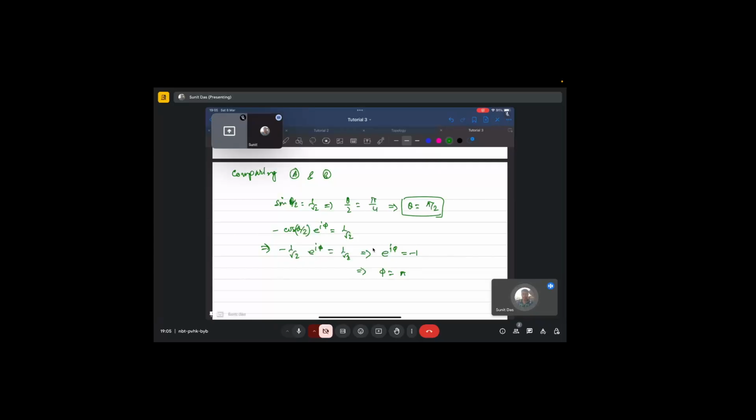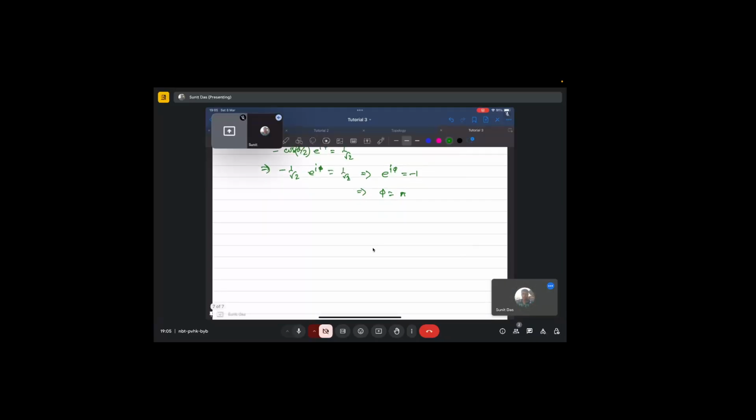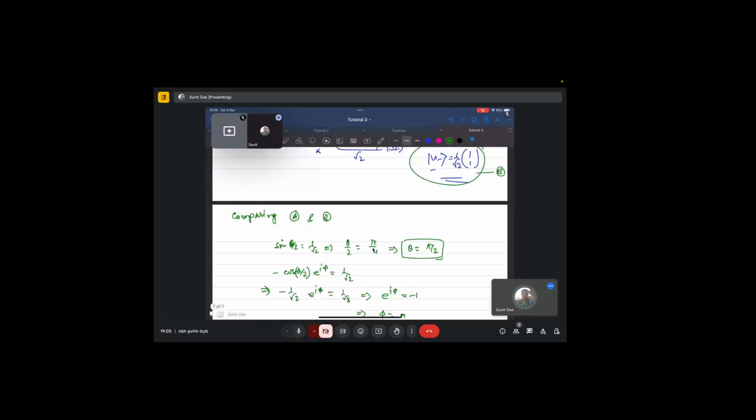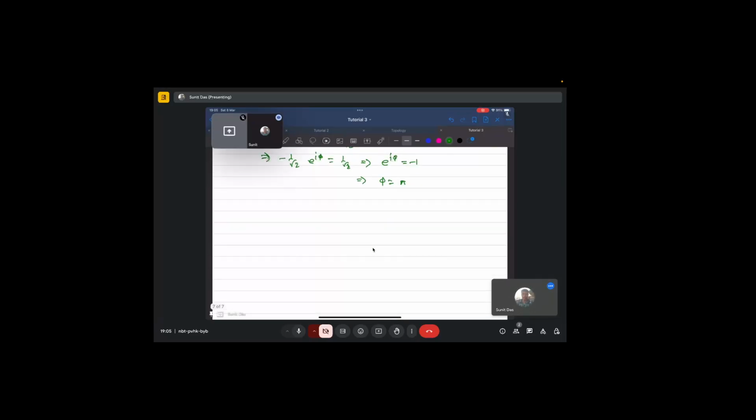Okay, so this was case 1. If we draw this wave function corresponding to B in the polar coordinates, what does it look like? So x, y, z.